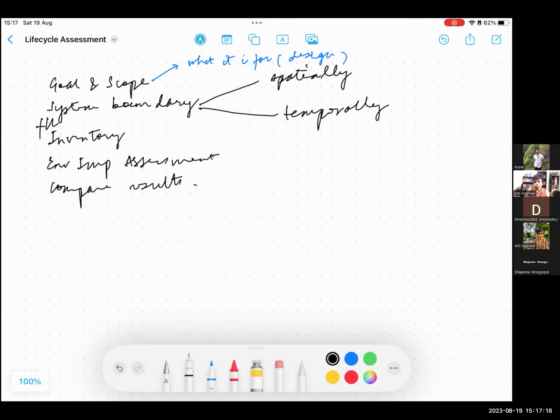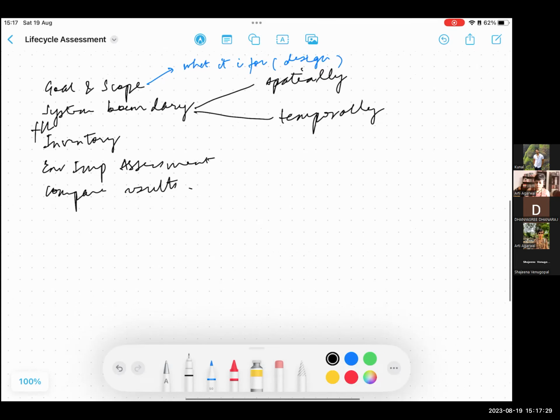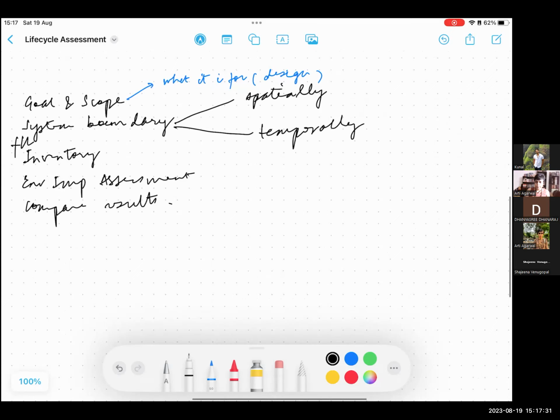So it can be anything. For one product there will be different kinds of system boundary. That is what I understood from the previous readings and all.